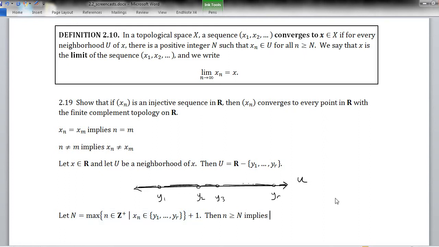So in particular, x sub n is not one of these y's. And that's just what we need, because if it's not one of these y's, then it's in U, right?